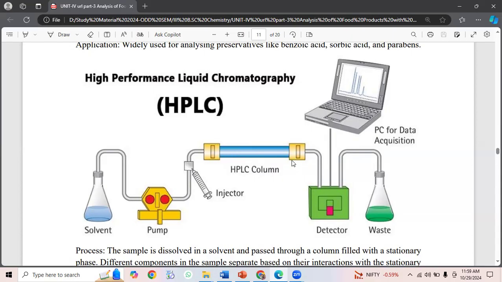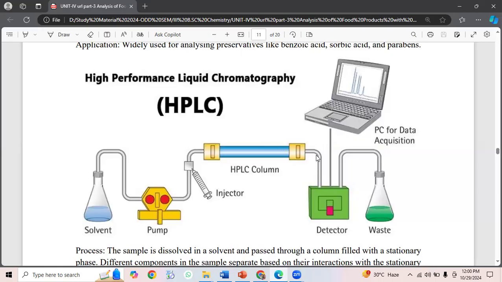This phase moves the sample through the system. The column is packed with a stationary phase, usually with specific chemical properties. That is where the actual separation occurs. Different components in the sample interact differently with the stationary phase, causing them to travel at different speeds, and thus they move through the column.